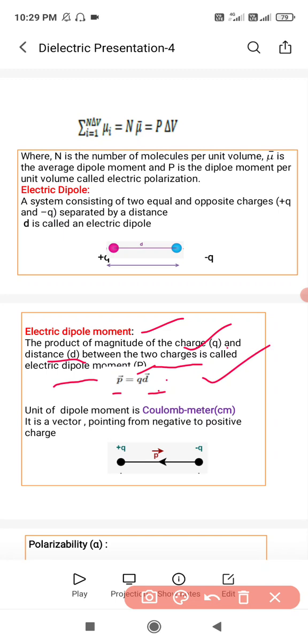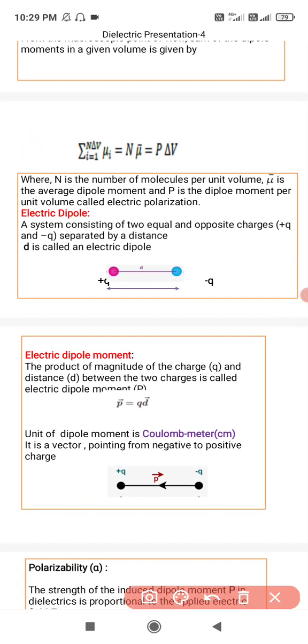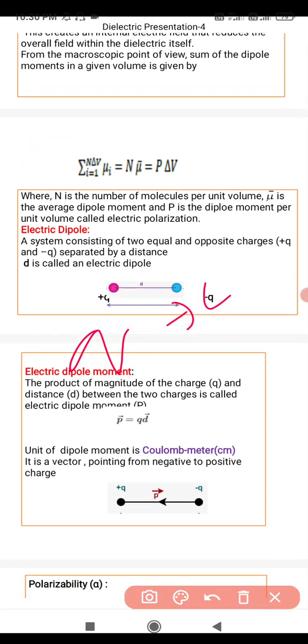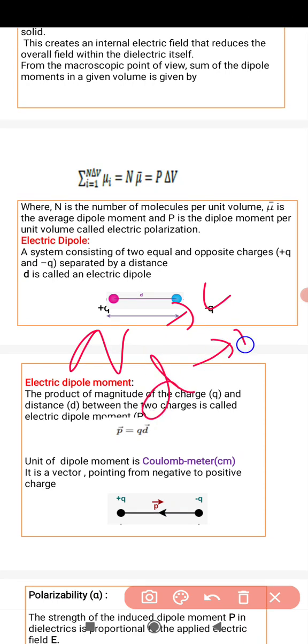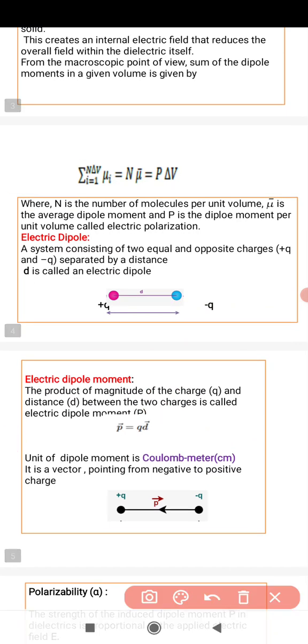Here q is the charge of the particle, and d is the distance between the two charges. Charge is measured in coulombs and distance in meters or centimeters, so dipole moment has the SI unit coulomb meter. It is a vector quantity pointing from the negative to the positive charge.